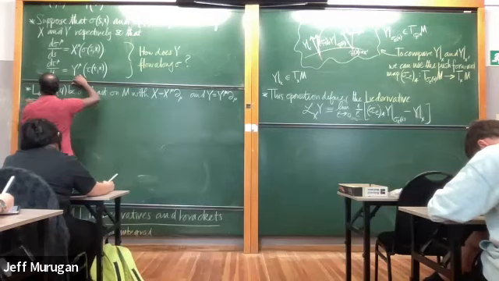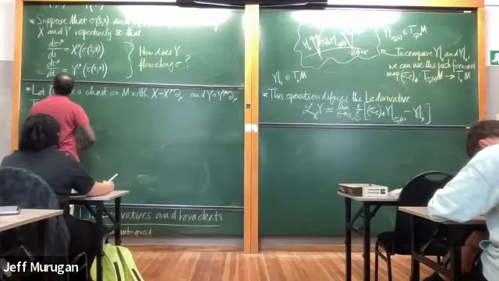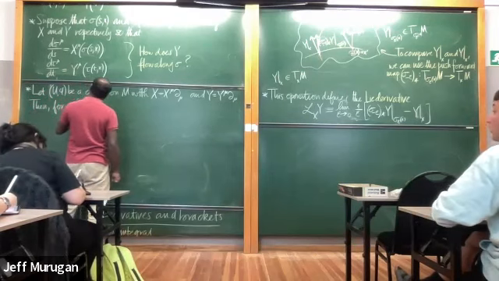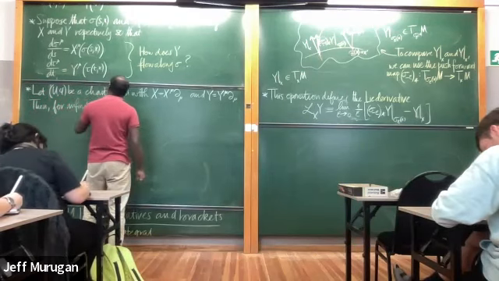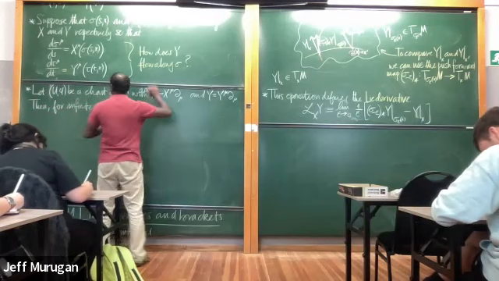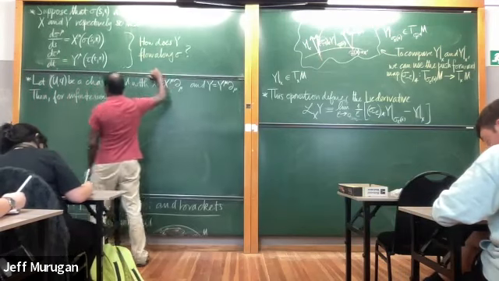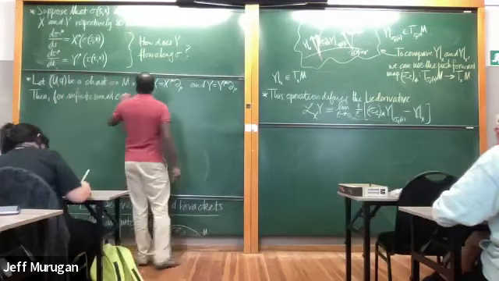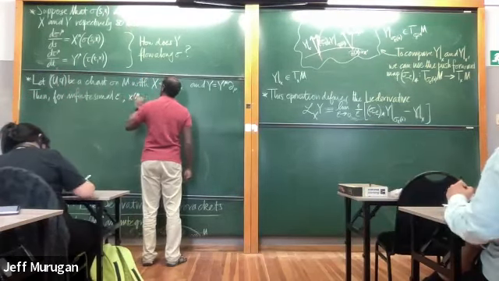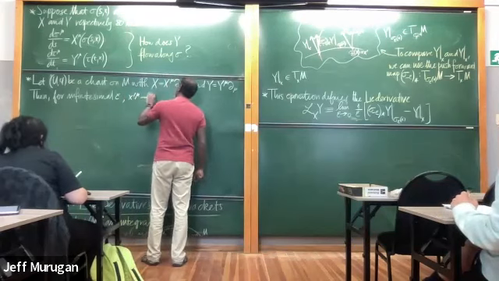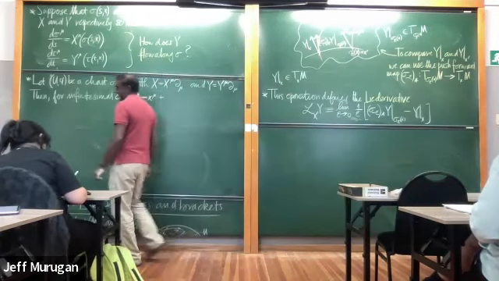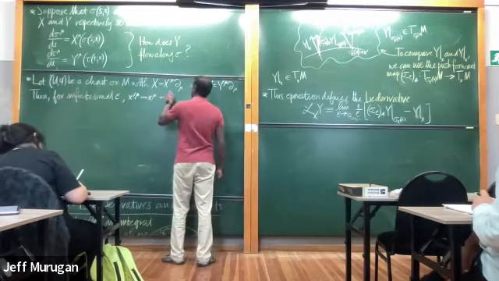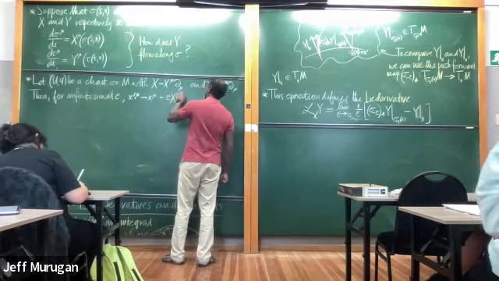Then for infinitesimal flow parameterized by epsilon, the point x^mu flows to x'^mu, which is x^mu plus epsilon x^mu.